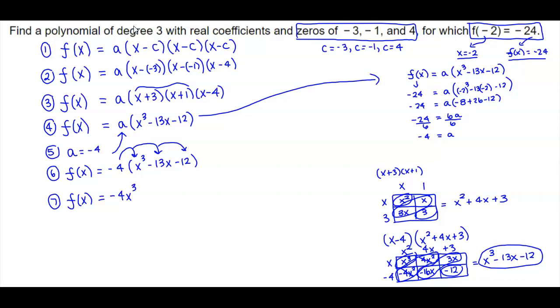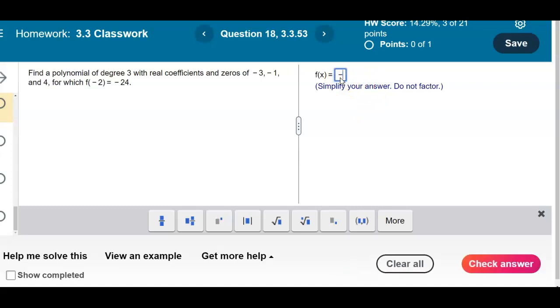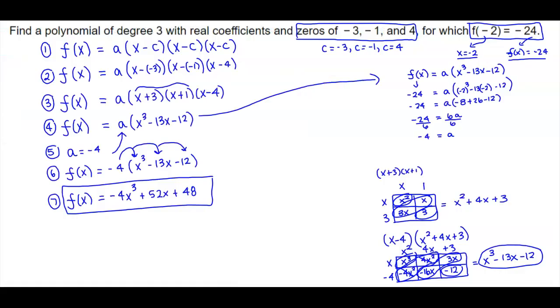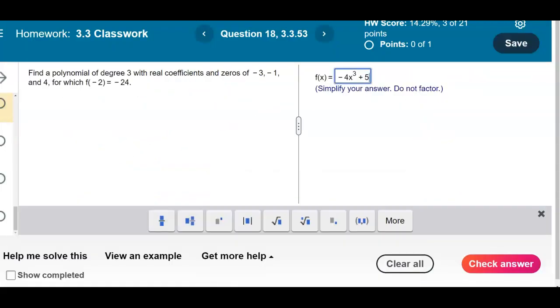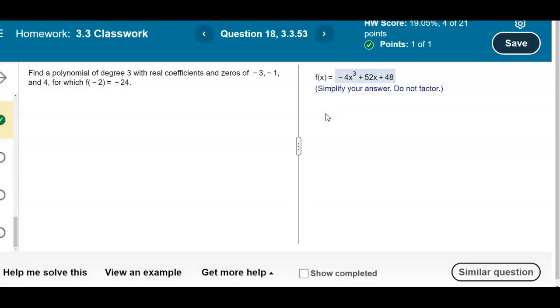Negative 4 times negative 13 gives us positive 52x. And negative 4 times negative 12 gives us plus 48. Therefore our answer is f of x equals negative 4x cubed plus 52x plus 48. Check our answer, and there is our result.